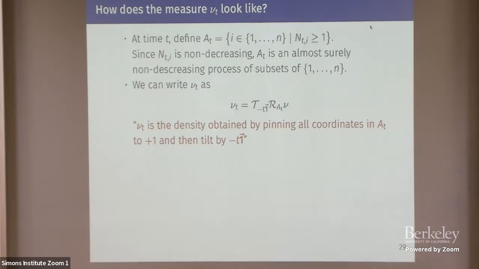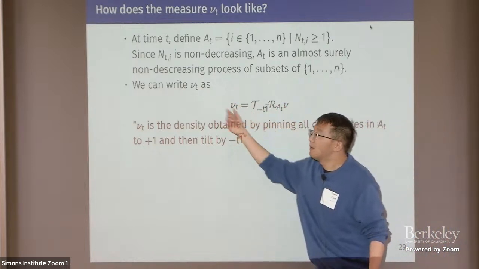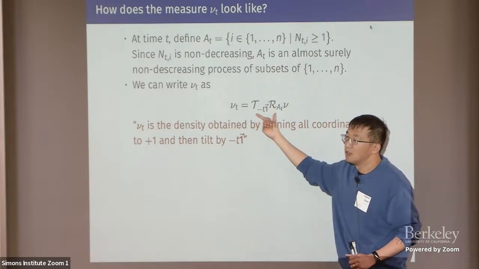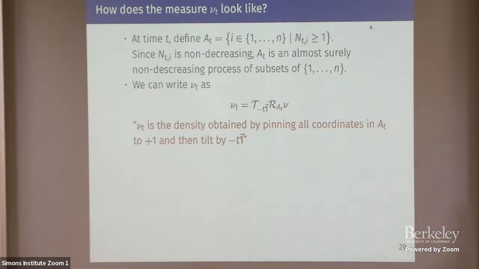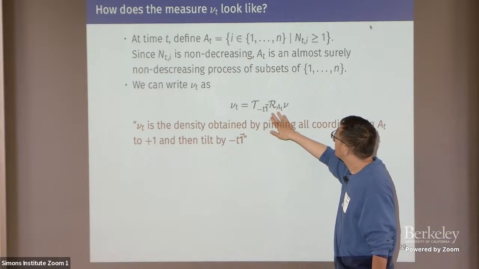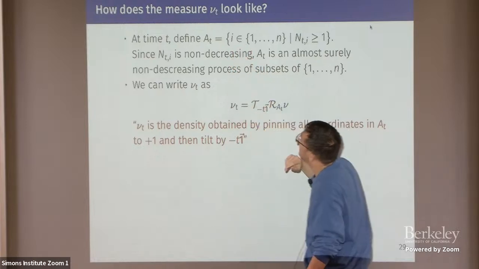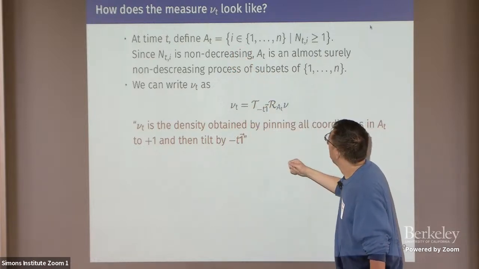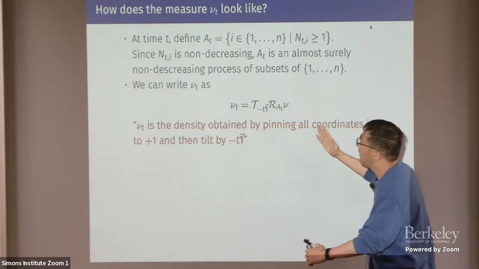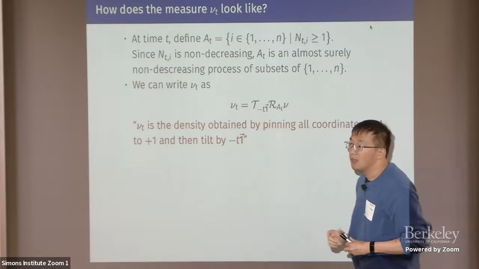this A_t is an almost surely non-decreasing process of subsets. And you can actually write the measure at time t as a combination of a random restriction and the tilts. So this measure that I introduced as a stochastic equation, you can write in this short form: at time t, you will pick some set A_t that you will pin the coordinates to +1, condition on those coordinates being +1, and then the measure is tilted towards -1 with this amount of tilt.